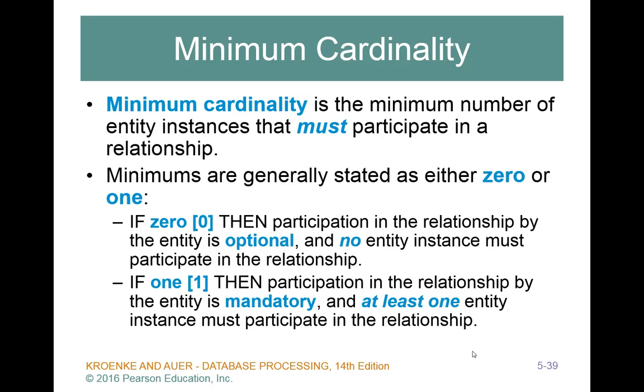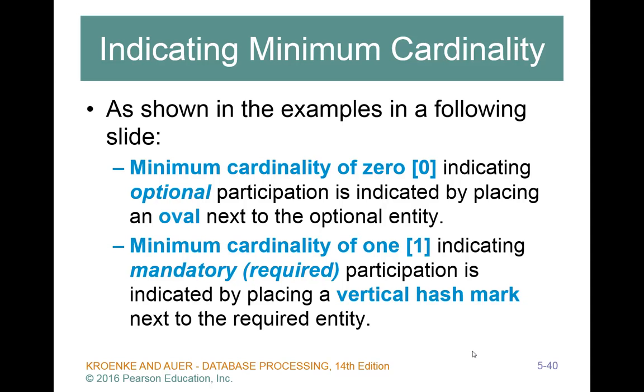If 1, then at least one entity instance must participate in that relationship, which is considered mandatory. So if you see an oval on your ER diagram, that represents 0, and then a vertical hash mark represents 1 in a minimum cardinality, or required.